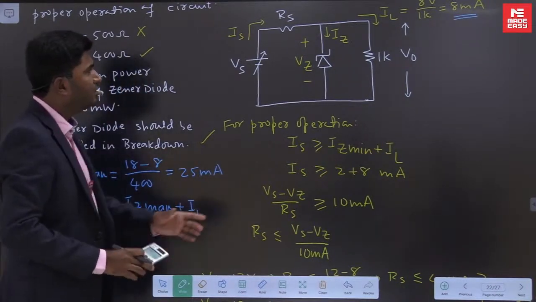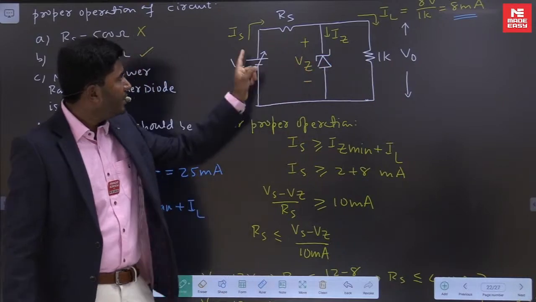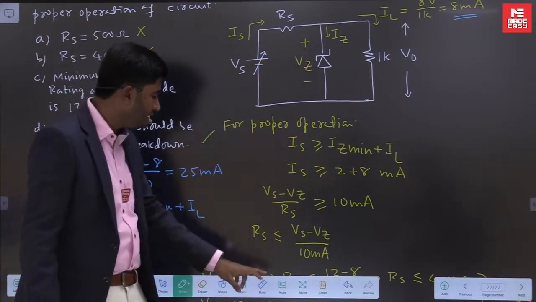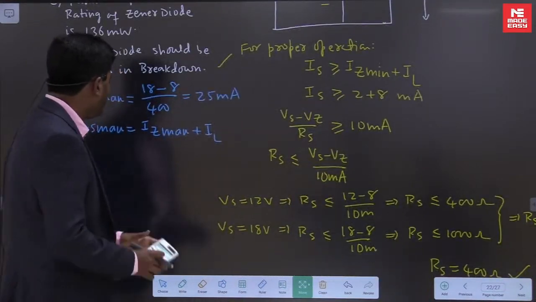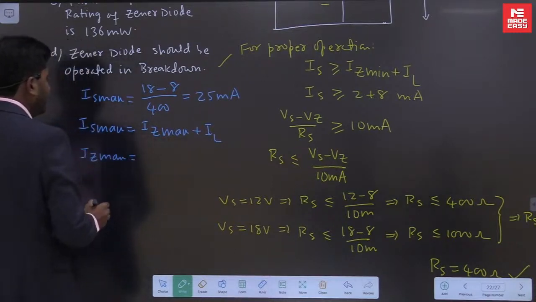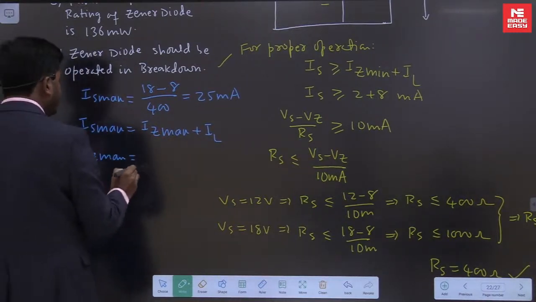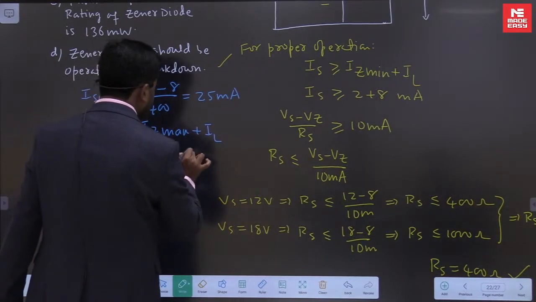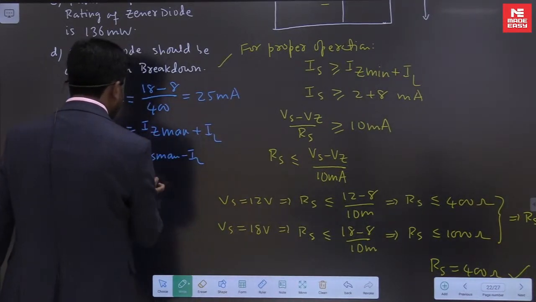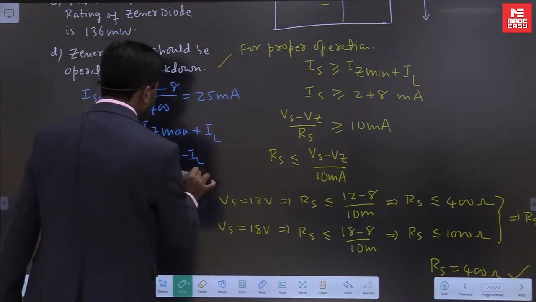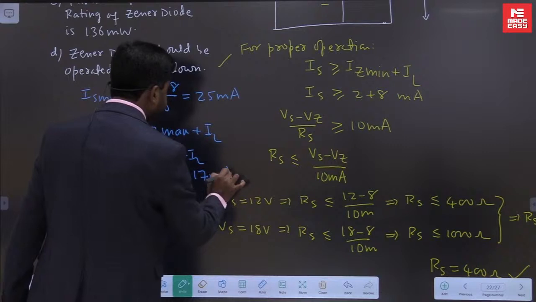Okay, IL is constant here. When IS becomes maximum, Zener current will become maximum. तो आप यहाँ से IZ max फाइंड कर लो. IZ max is equal to IS max minus IL. IS max is 25 milliampere and IL 8 milliampere. It will become 17 milliampere.